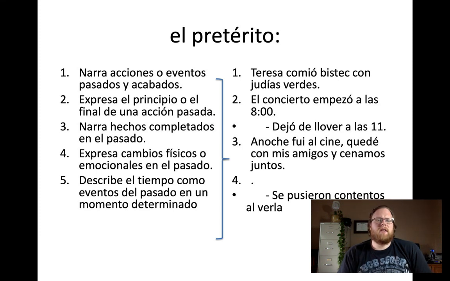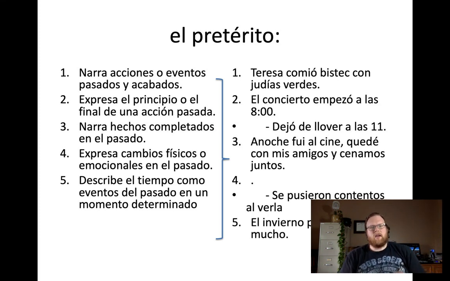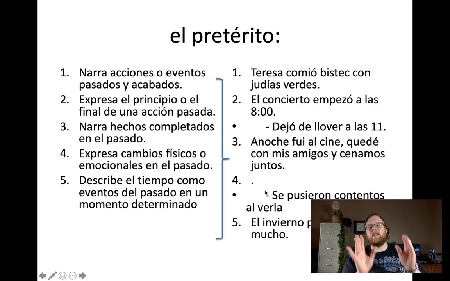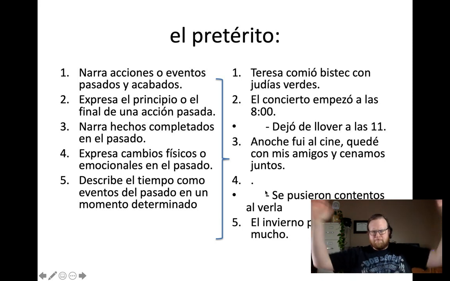Y finalmente describe el tiempo como eventos del pasado en un momento determinado. So really what we have here again is something with a clear-cut beginning and end. So for example, el invierno pasado, last winter.